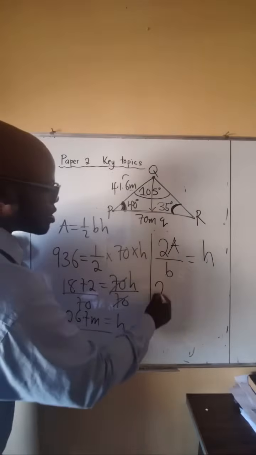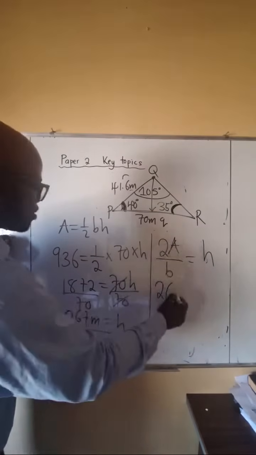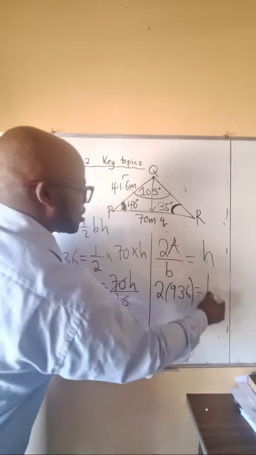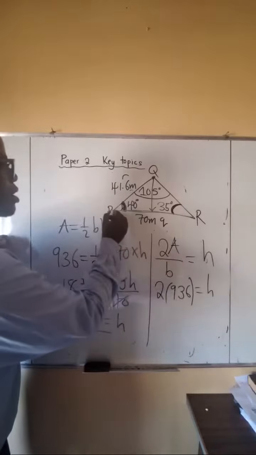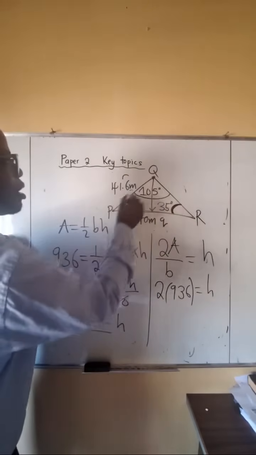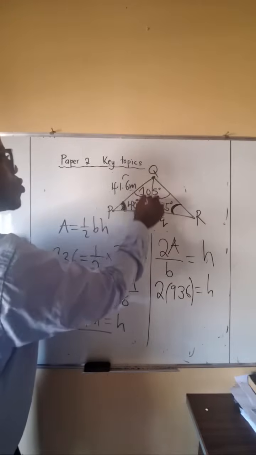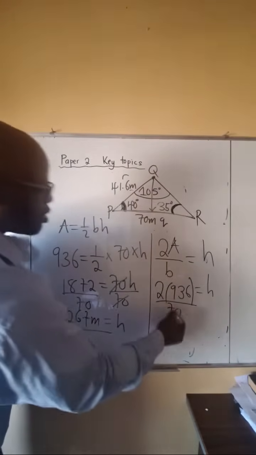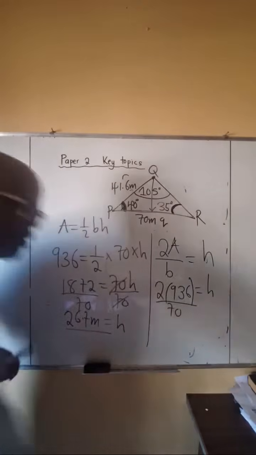You're just going to write a 2, and then on a, write the area that you found in the previous question. For b, write the distance from Q to PR. So that's your B. It's 70.